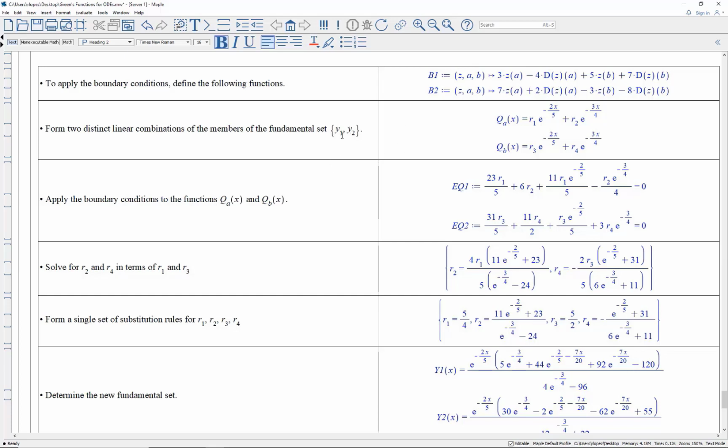We have a fundamental set, which are these two exponentials here, and we take two linear combinations. Call one QA and we'll call one QB. We'll apply these two boundary conditions to QA and QB.